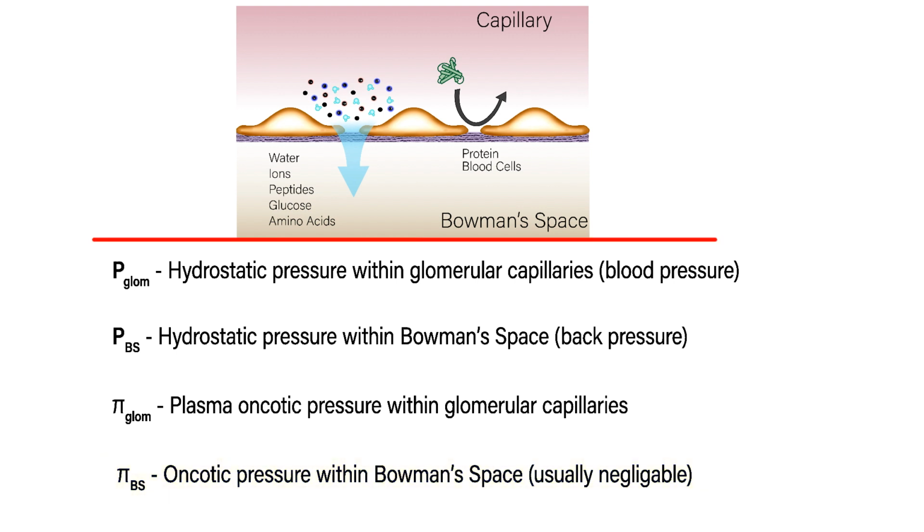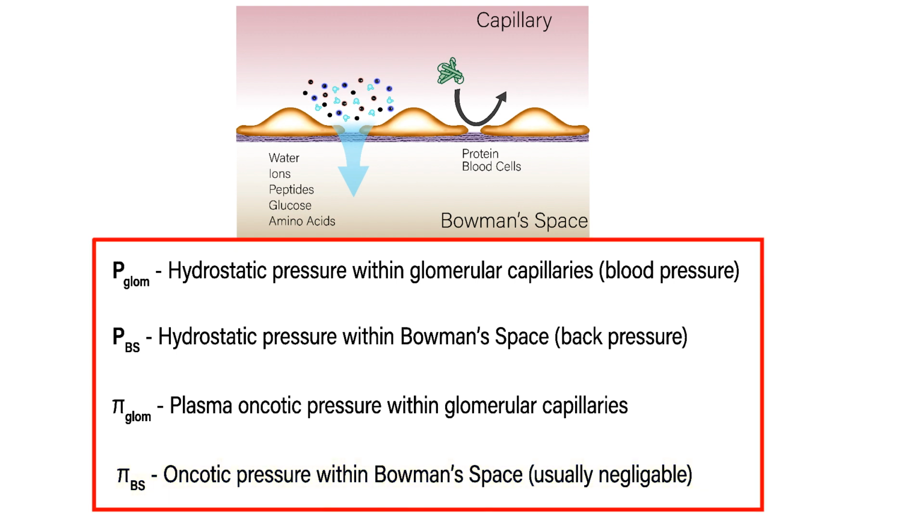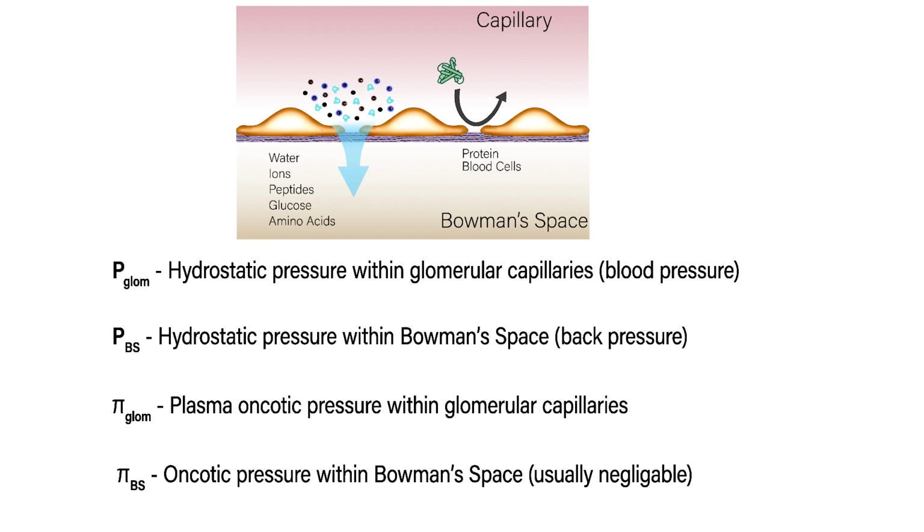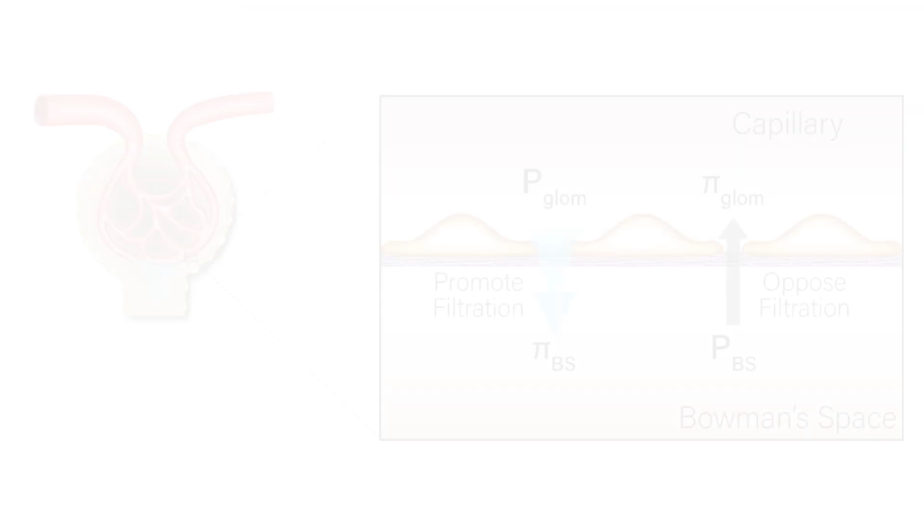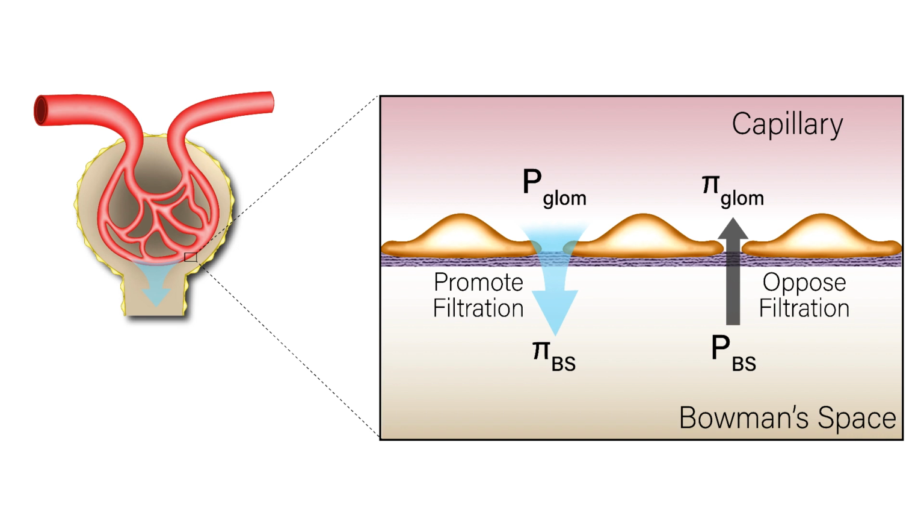In order to see how these individual pressure components can determine the net filtration pressure and then ultimately the glomerular filtration rate, we need to organize them between those pressure components which tend to favor filtration and those which tend to oppose filtration. The pressure components which favor filtration are those which tend to promote the movement of water and other dissolved solutes from the glomerular capillaries into Bowman's space.